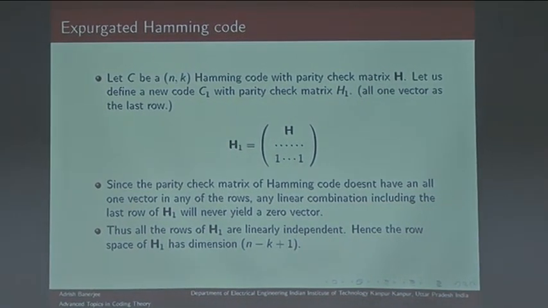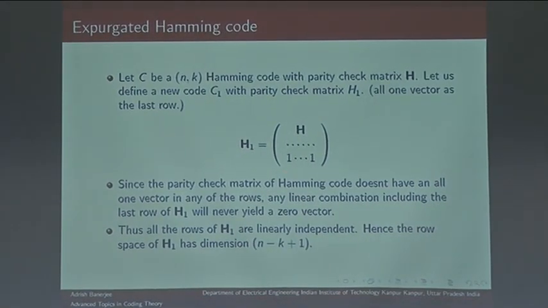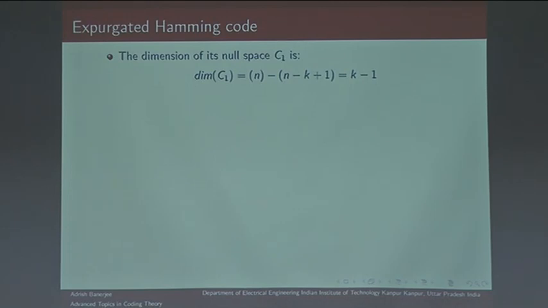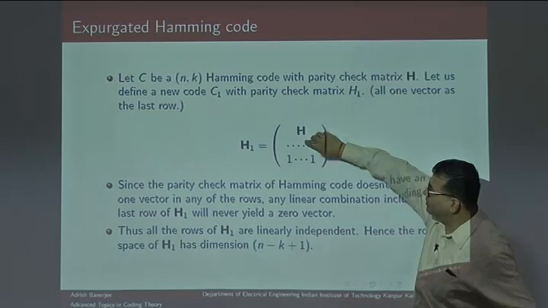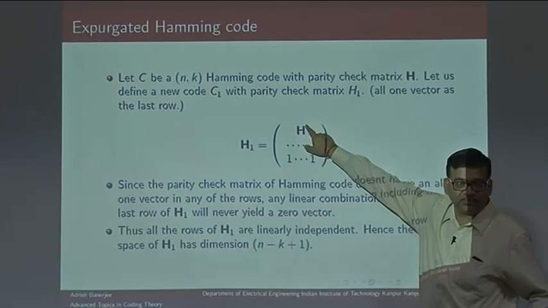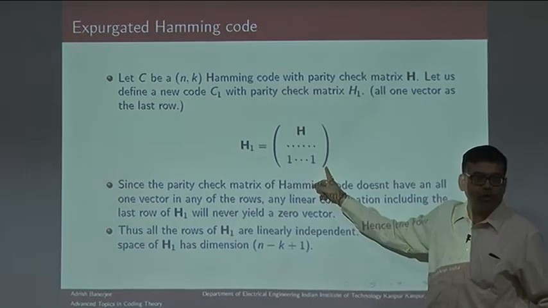If you go back, if V is a valid code word, VH transpose should be 0. So H transpose is this, and this will be V multiplied by this all ones.